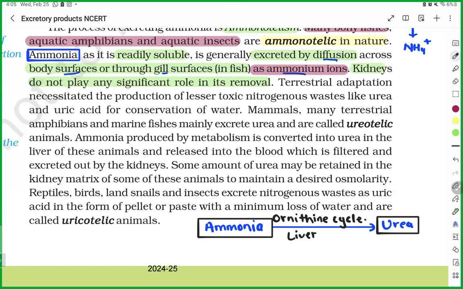Organisms that are adapted to the terrestrial environment, on the land, want to produce a less toxic product, whether it is urea or uric acid, because they want to conserve water. For example, mammals, terrestrial amphibians, or marine fish.